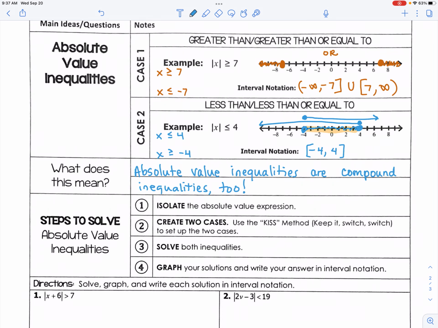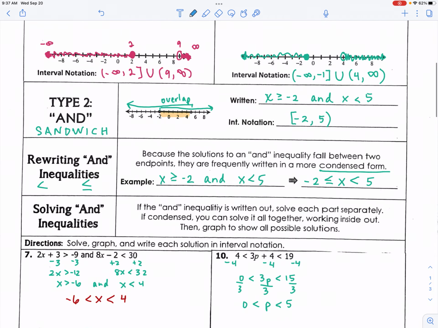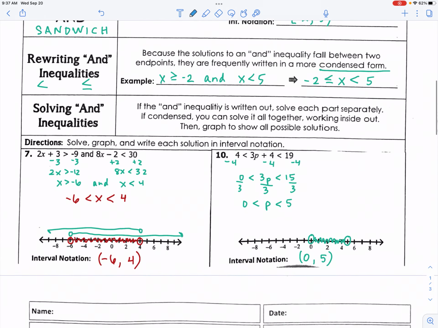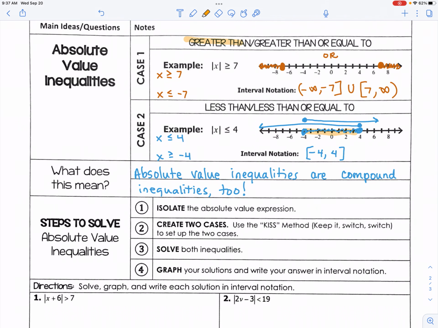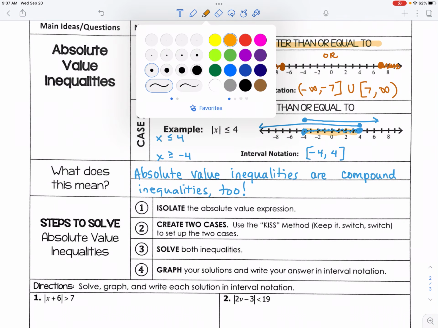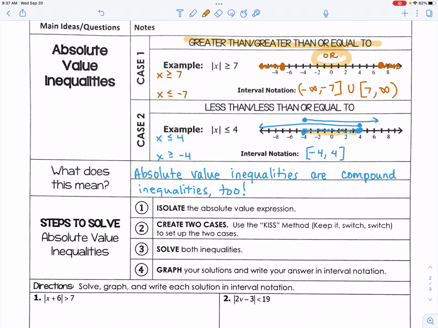So it's the same case as we did up here. We're going to be having and or statements. So whenever we see greater than or equal to, those are going to be or statements. When we see less than or equal to, this is going to be our and statements.